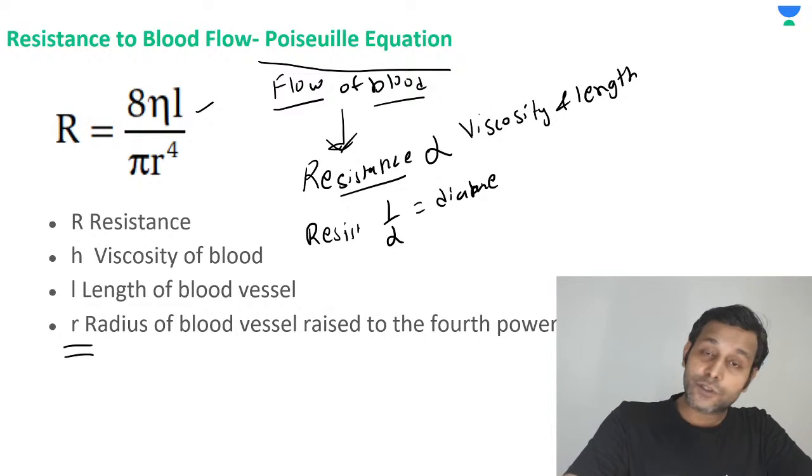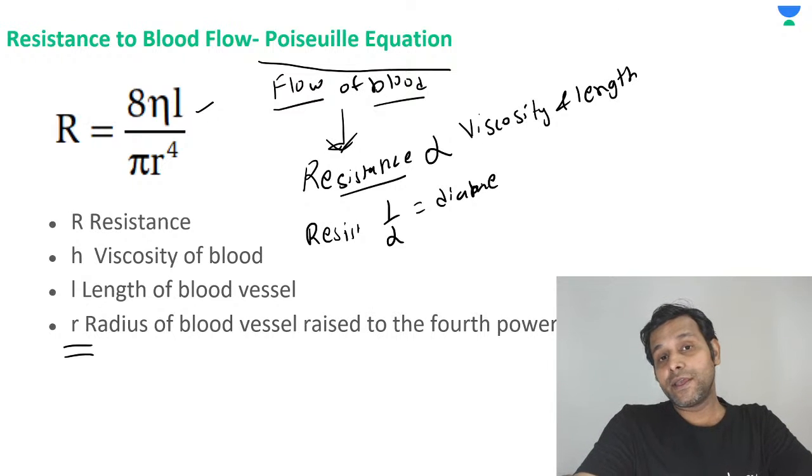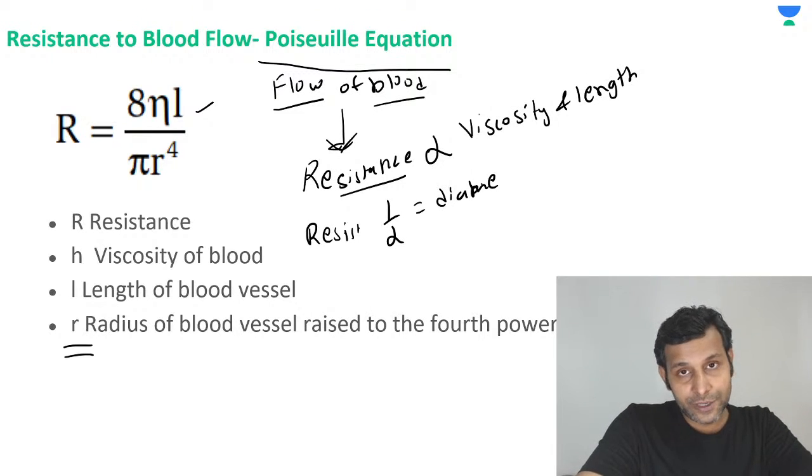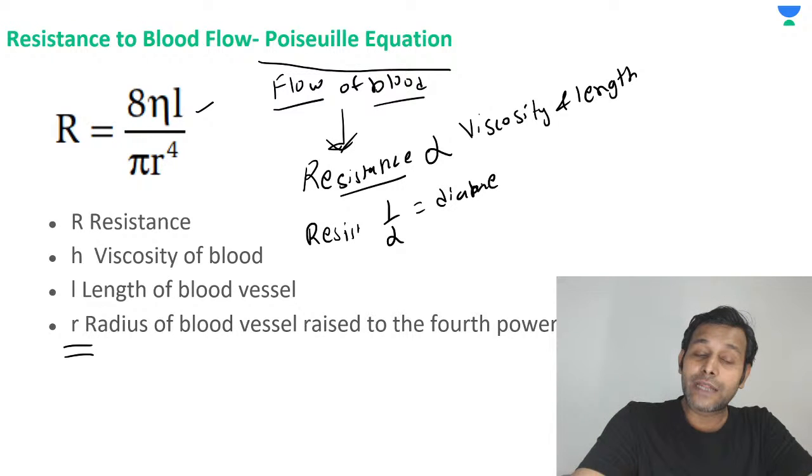But as compared to that, the viscosity in the capillaries decreases significantly. So as the length increases in the capillaries, and the primary factor for resistance, the diameter, is very, very small, the resistance is very, very high.